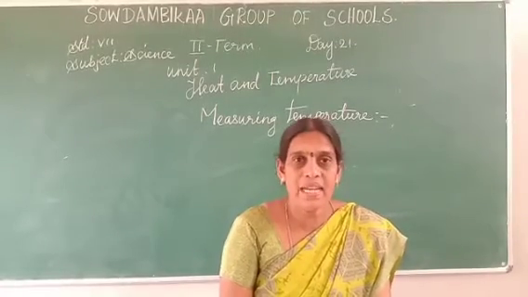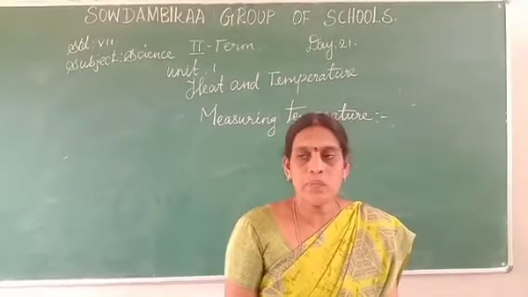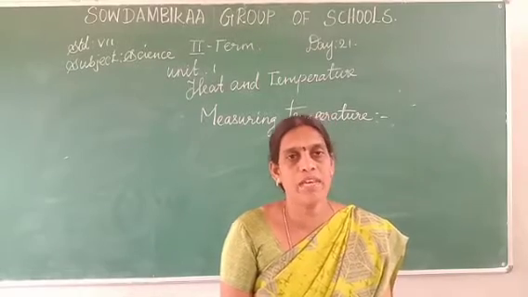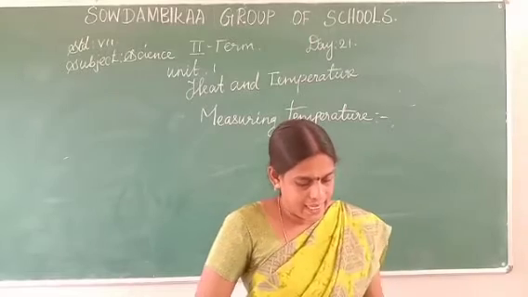What is meant by temperature? The average kinetic energy of the substance. What is meant by kinetic energy? The moving of atoms and molecules. The moving of atoms and molecules is approximately the kinetic energy of the substance.